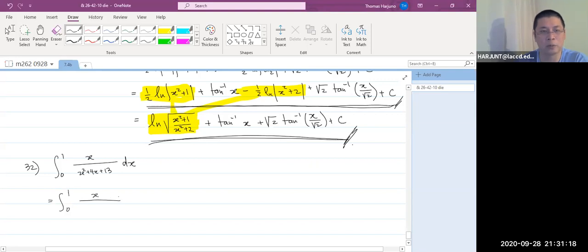It's not factorable. So you can say it's not reducible, but every time it is not reducible, then you can rewrite it into something like, for example, here, that is x plus 2 squared plus 9. You see what I mean?